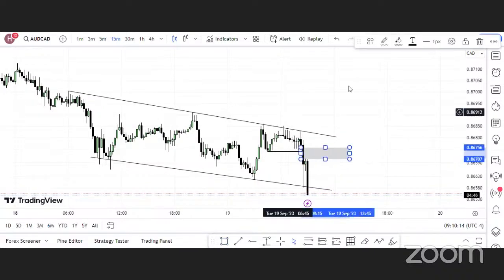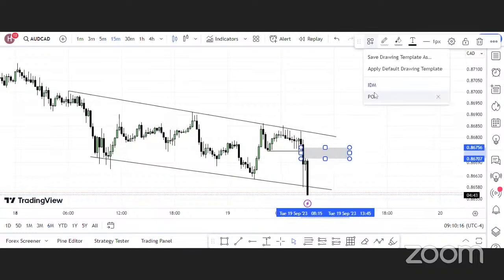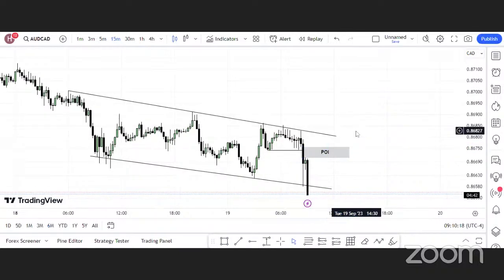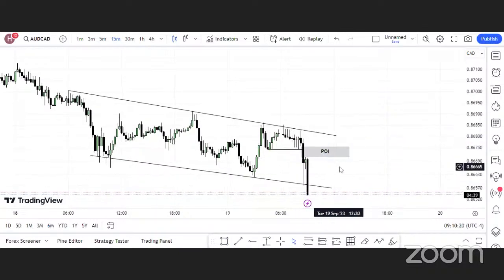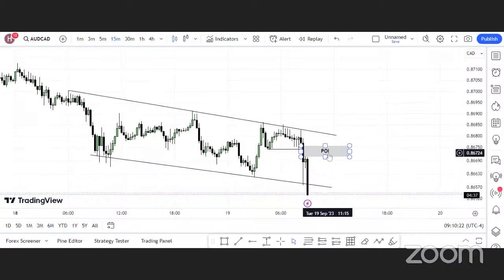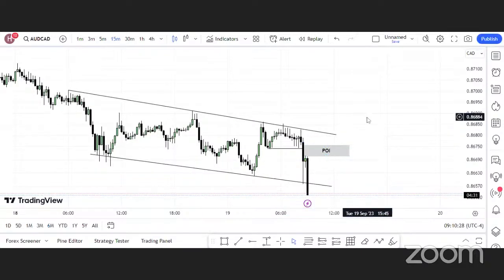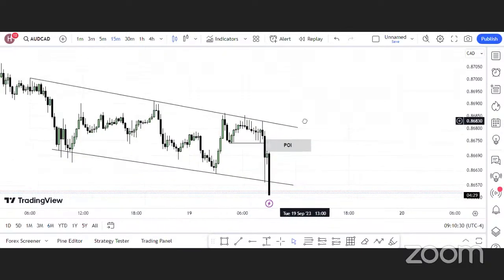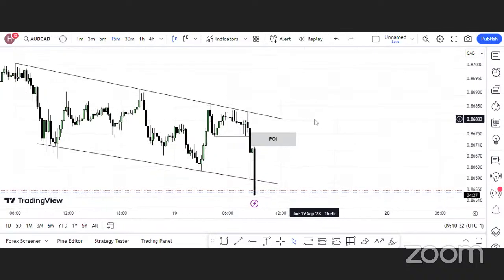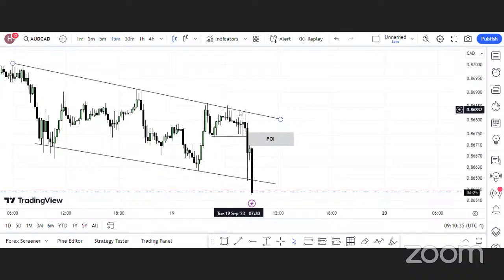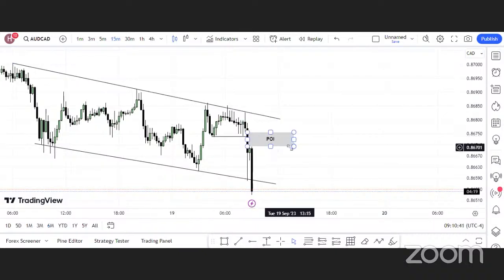Okay. Guys, do not mind this POI that I wrote here, okay? It's just a way of, I just love labeling my entries and all. Okay. So also on our evening session, you see me labeling my price actions, my entry points. So it's the same thing I'm doing here.